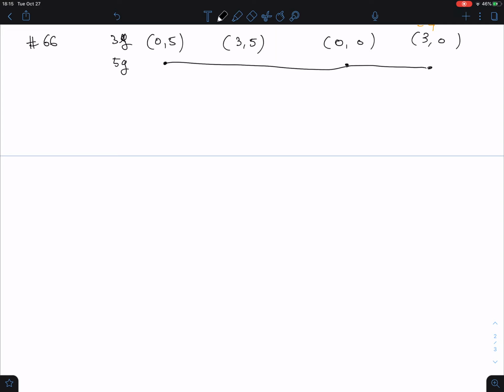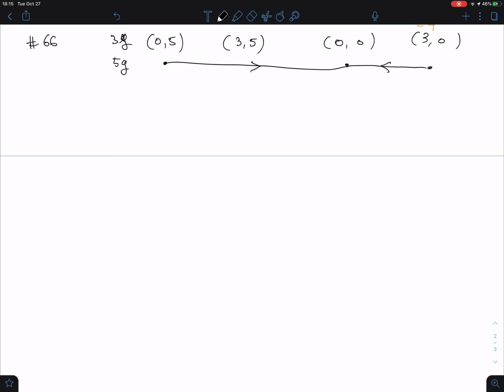There's no direct... Oh, and they want a directed path. Yes, okay, sure, of course. It's a directed graph, right? Because I have to go from a full one where I empty the second jug. Here I do the same thing.